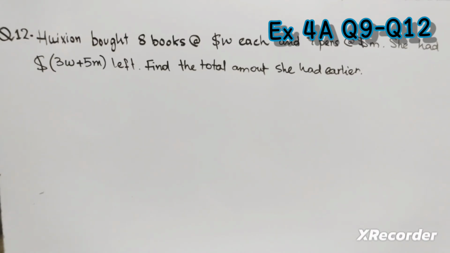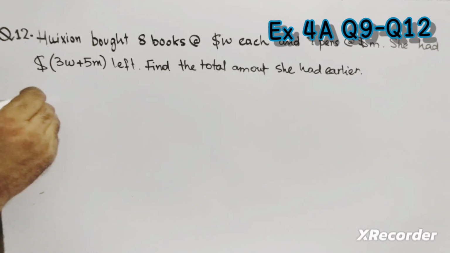Now coming to the last question of this exercise, question number 12. Huygen bought 8 books at the rate $W each and 7 pens at the rate $M. She had $3W and 5M left. Find the total amount she had earlier or initially.